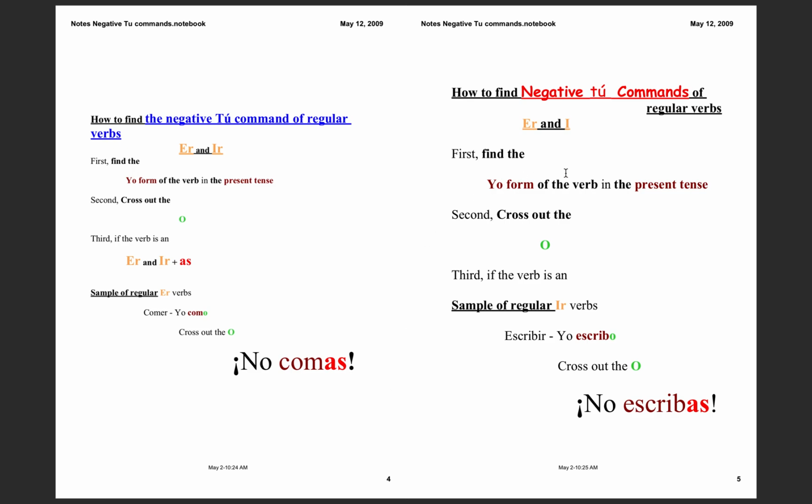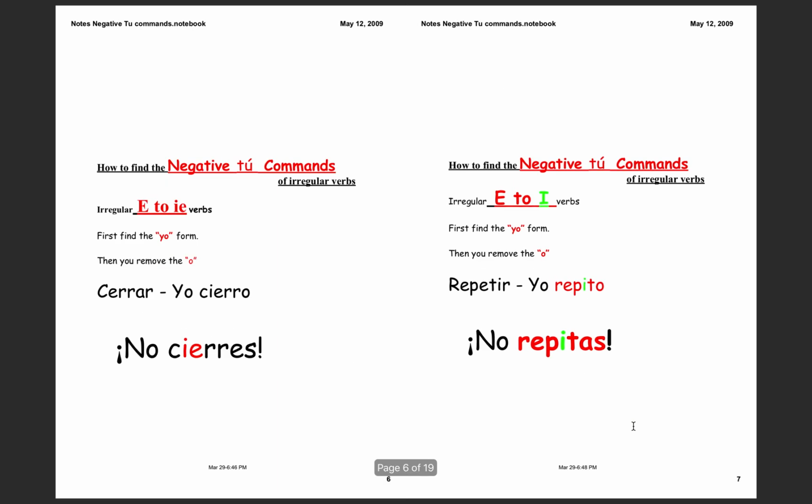And then for IR verbs, again, take off the yo, for escribir, yo escribo, take off the o, add as, no escribas, no escribas mensajes de texto. Don't write text messages. Okay? So that's with regular verbs.